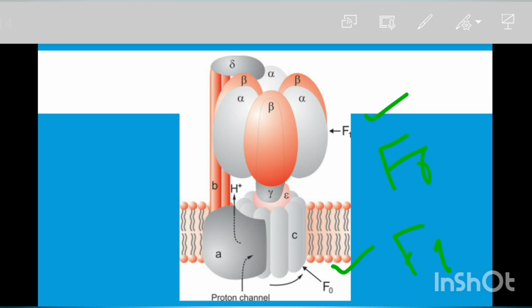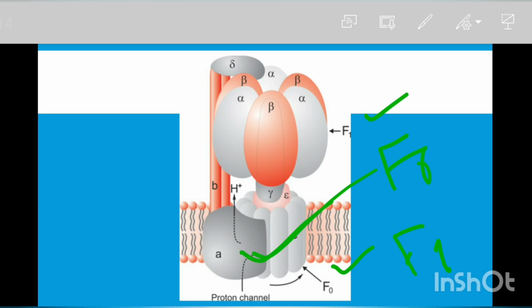Complex 5 or ATP synthase is otherwise known as F0 F1 ATP synthase, or F1 ATPase. The F0 component is an integral protein component which allows facilitated diffusion of protons down their concentration gradient back to the matrix to maintain the electrochemical balance, so the F0 component acts as a proton channel.